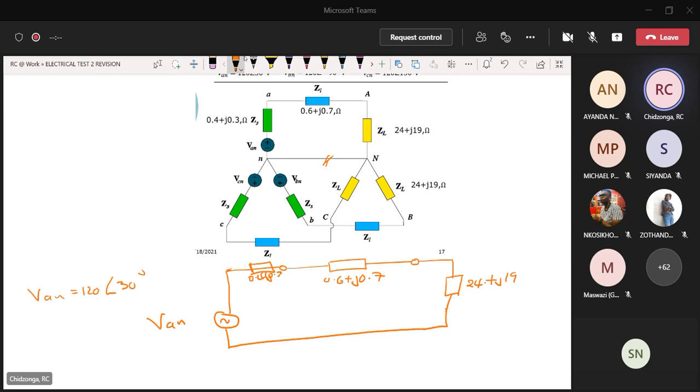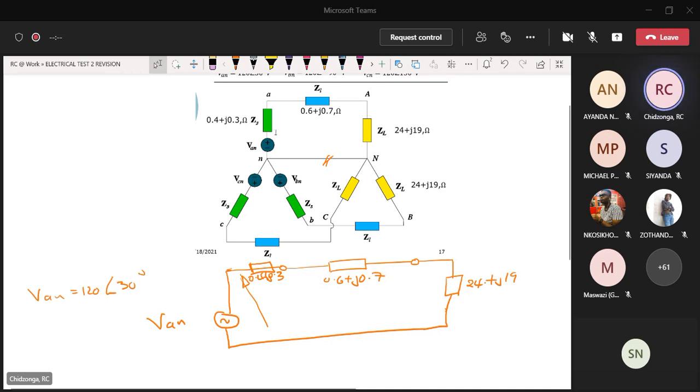Your voltage will be here. Remember, it's the same voltage which is driving the current through the internal impedance, which you can model like this, and then through the line impedance, and then eventually through the load. You can argue like that, because if you are going to place the 120 here, you are saying the 120 is exactly the voltage which is appearing at the terminals of the generator.